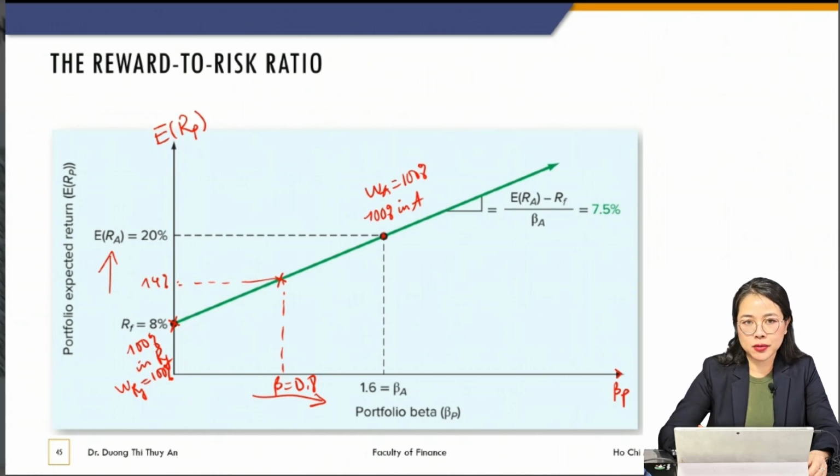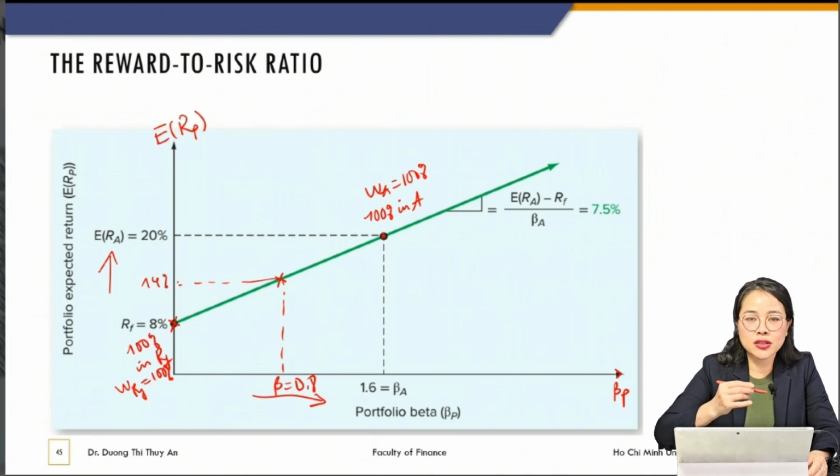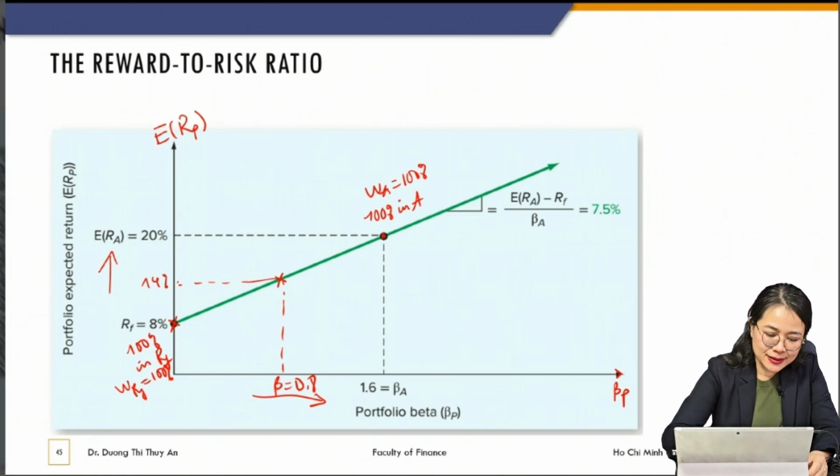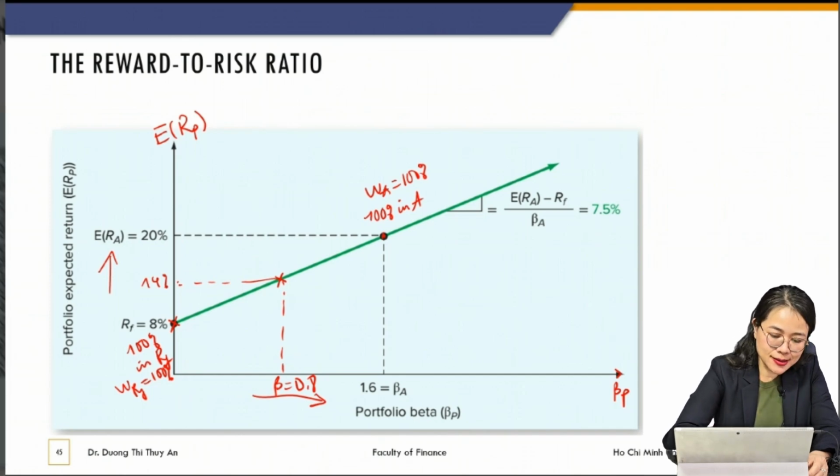Or in other words, for 1 additional unit of risk, beta being risk, how much is my reward? That is the question of the reward to risk ratio, and the answer is the slope of this line.